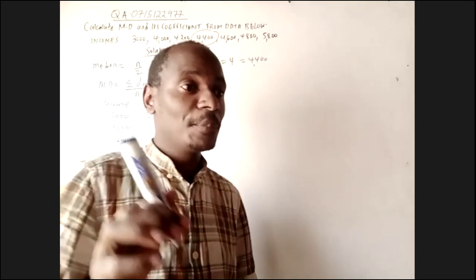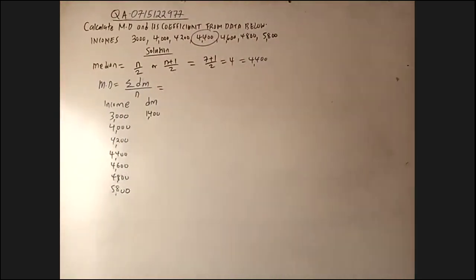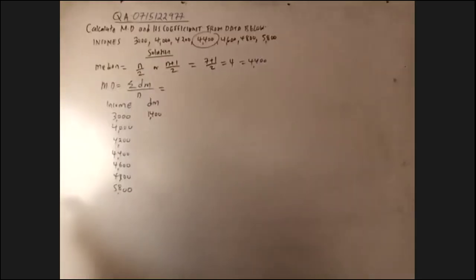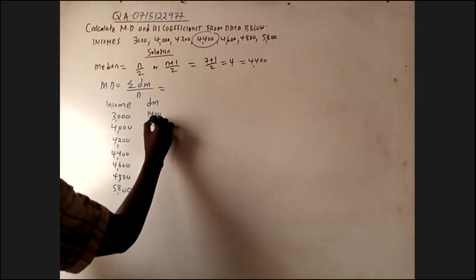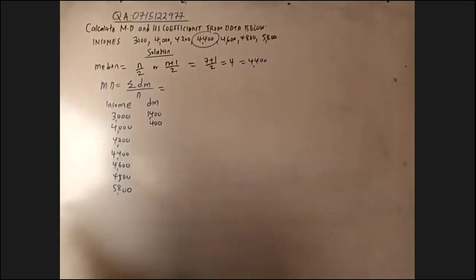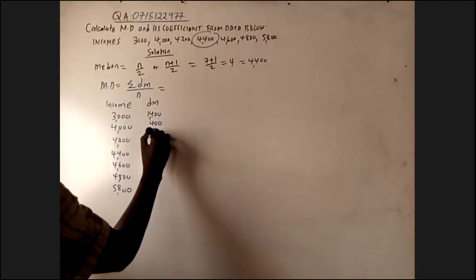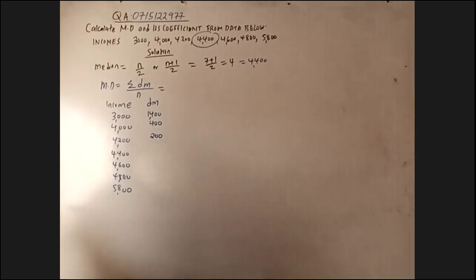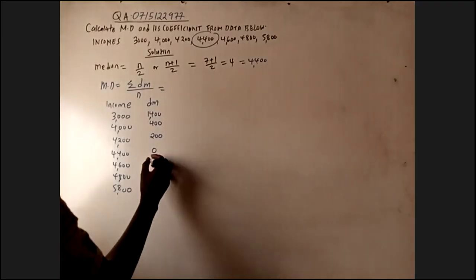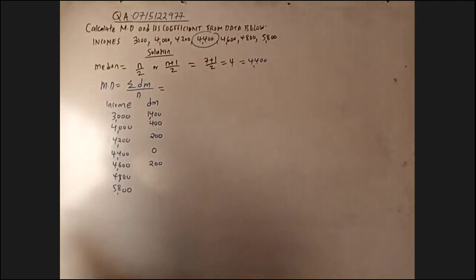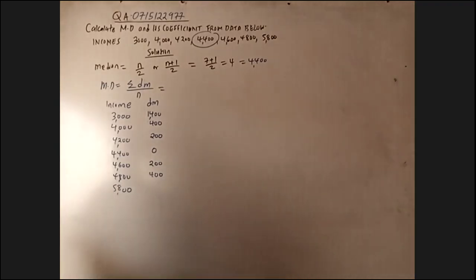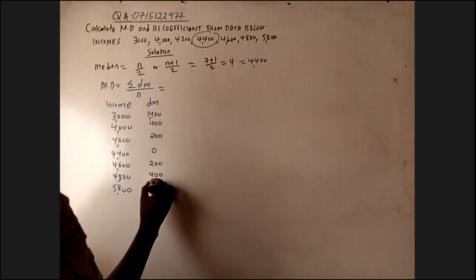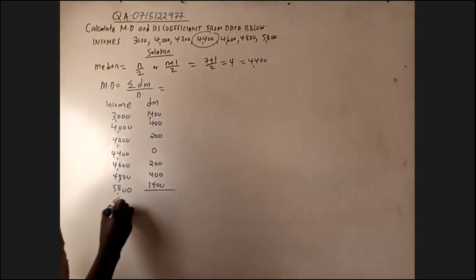Now 4,000 minus 4,400 is 400. 4,200 minus that one, 200. 4,400 minus 4,400, 0. 4,600 minus 4,400, 200. 4,800 minus 4,400, 400. Then 5,800, 1,400.